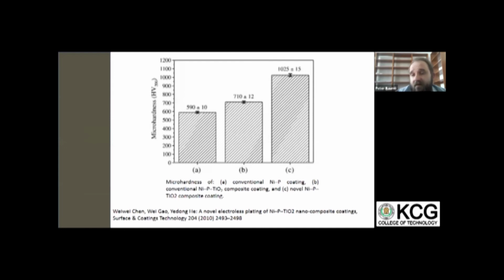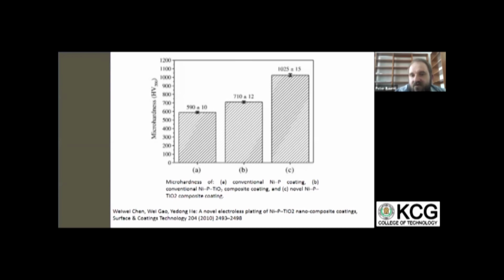And the mechanical properties, for example micro hardness, will be increased if we use nanoparticles as additive and as a reinforcement. You can see from this figure that a normal conventional nickel phosphorus coating hardness is around 600 HV.